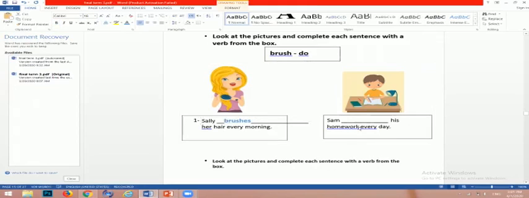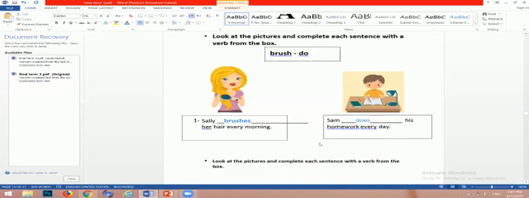Can write an example. Let's use go. So he goes to school at 7 o'clock. He goes to school at 7 o'clock. So the verb here is goes. Okay.